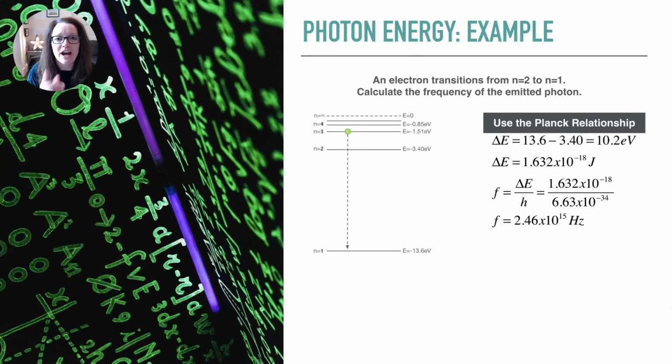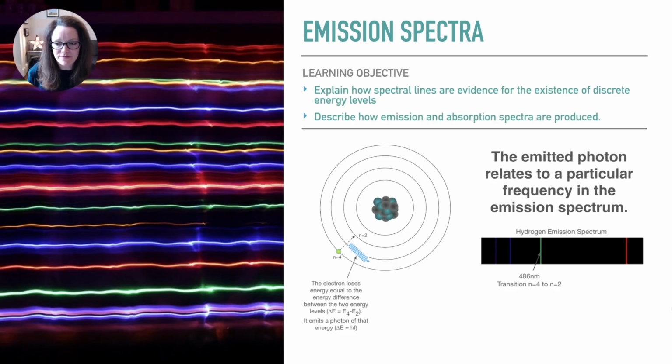Now that photon has one frequency, and that relates to one colour. Okay? So if we go back now to this emission spectrum, that one frequency of photon that is emitted by those distinct energy transitions relates to one colour.